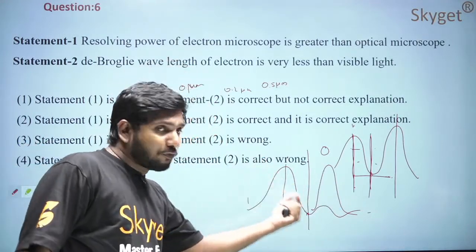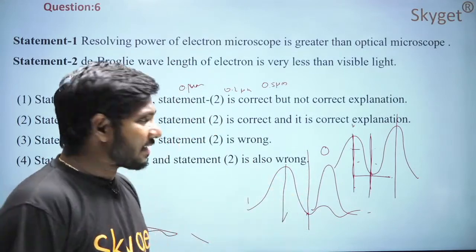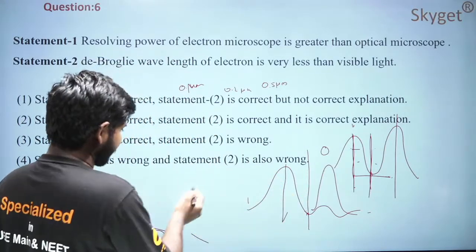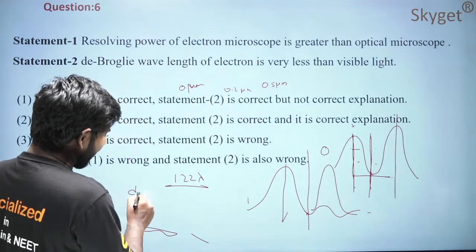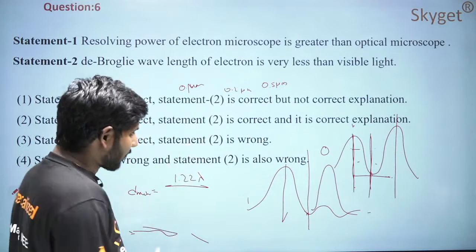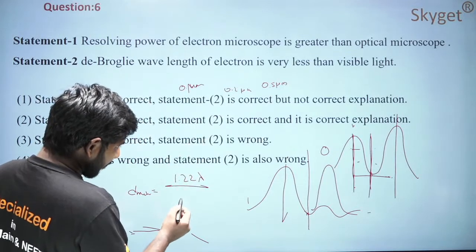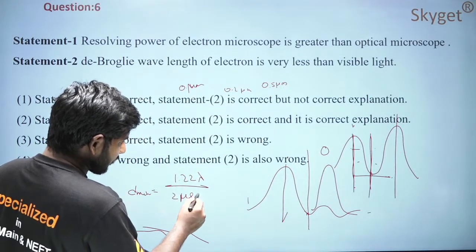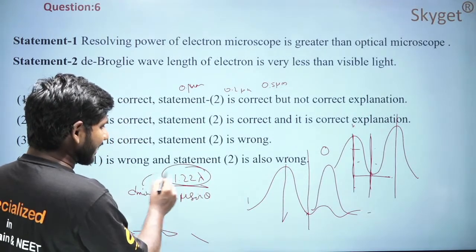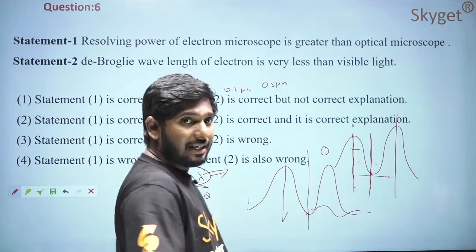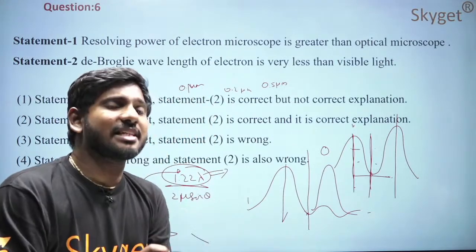So now the formula for the minimum distance between the two images formed through a microscope is D minimum equals 1.22 lambda by 2 mu sin theta. So this D minimum is directly proportional to lambda.